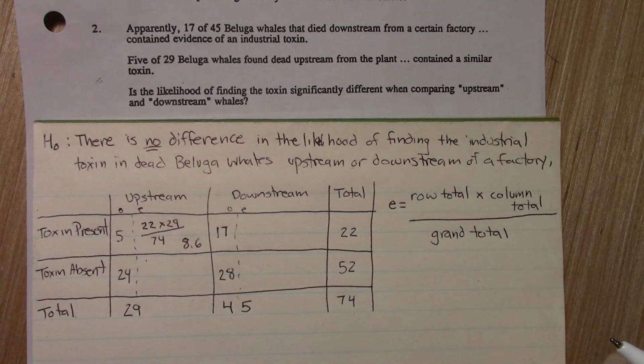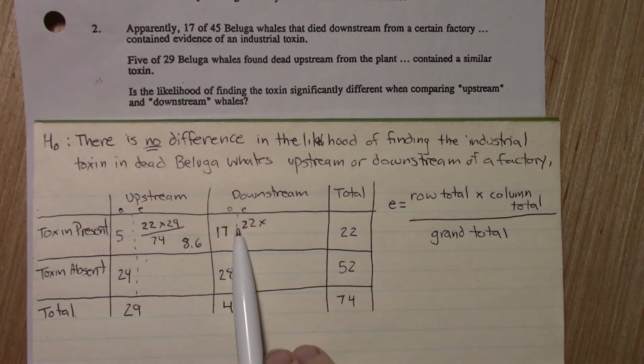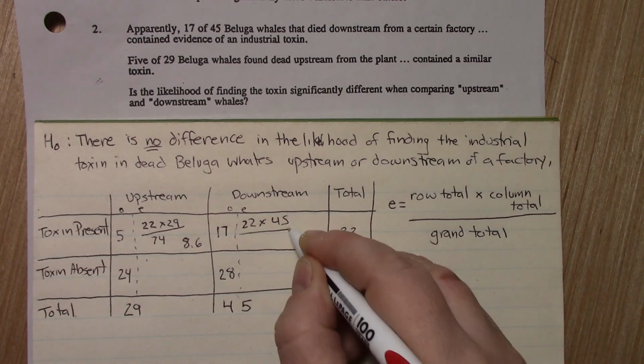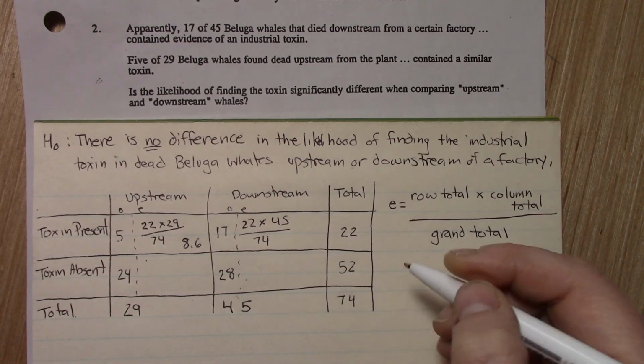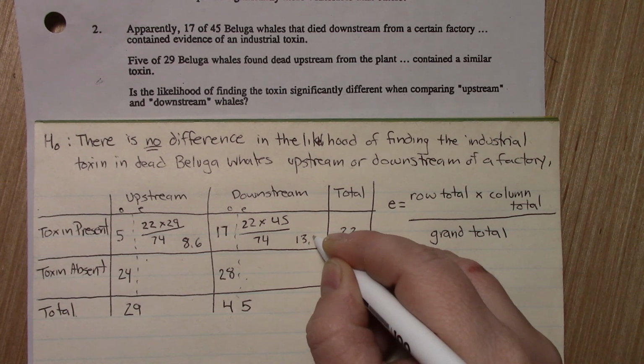So I'm going to do that for each one of these. So for this observed 17, the expected value is going to be the row total of 22 times the column total of 45 divided by the grand total of 74, which is 13.4.